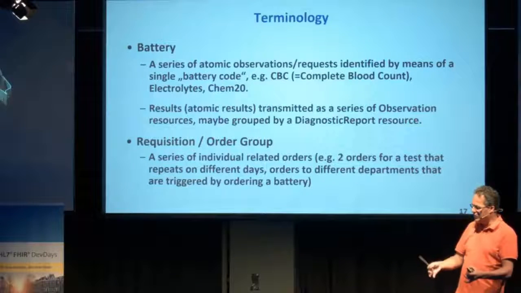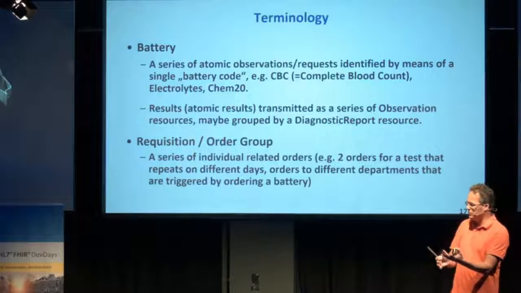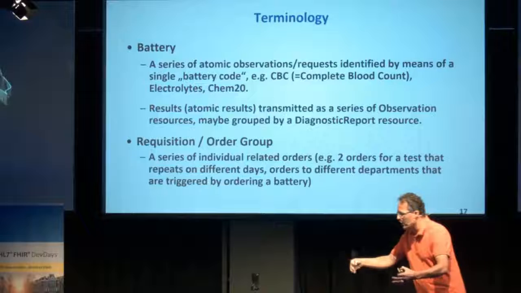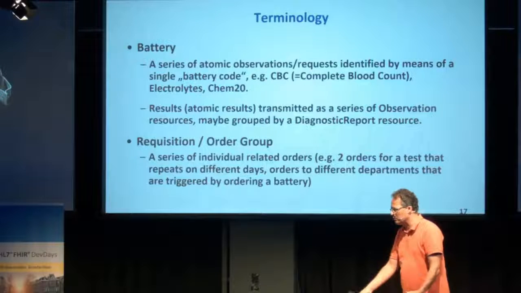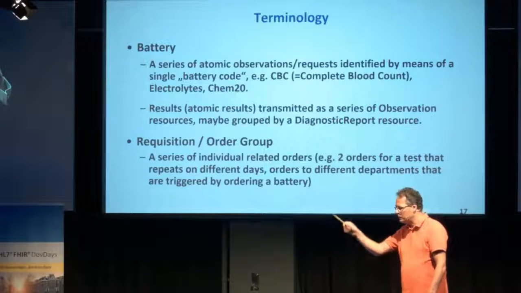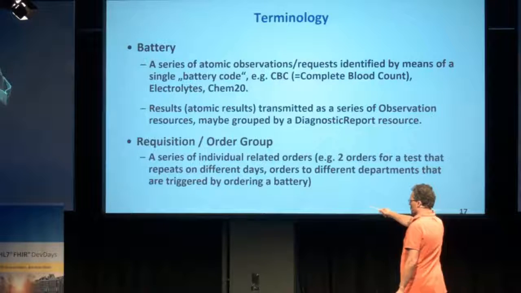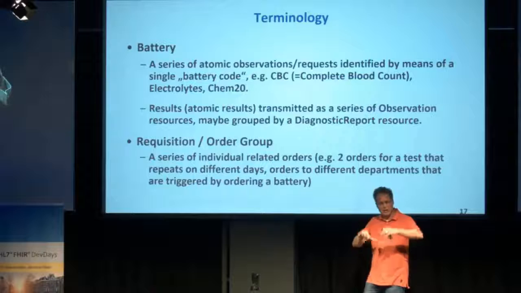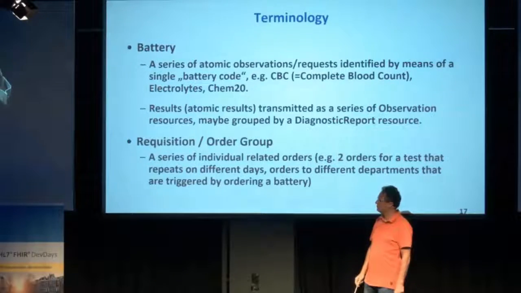Car accident with head trauma causes these and these images to be made, these and these medications to be given in the first golden hour of treatment. A treatment protocol, effectively. Even that is an order group because it groups all sorts of order stuff together based on this protocol.